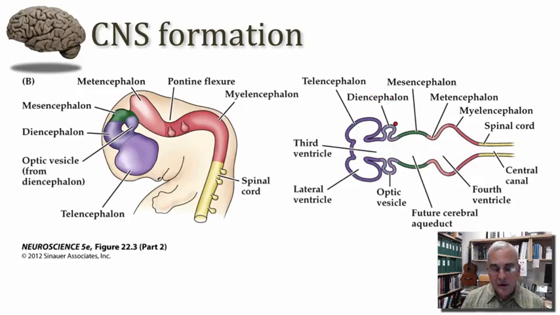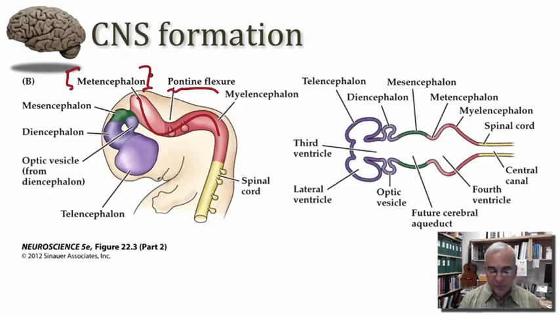And the rhombencephalon actually does begin to show some interesting differentiations. There begins to be a bend at the top of that cane-like handle, and that we call the pontine flexure. And this flexure begins to differentiate two principal components of the rhombencephalon.